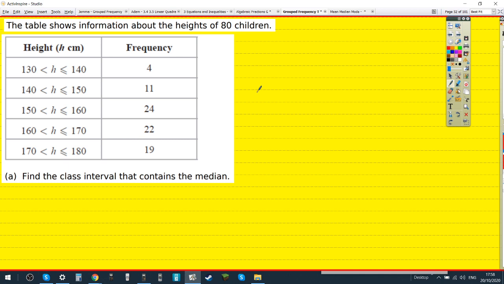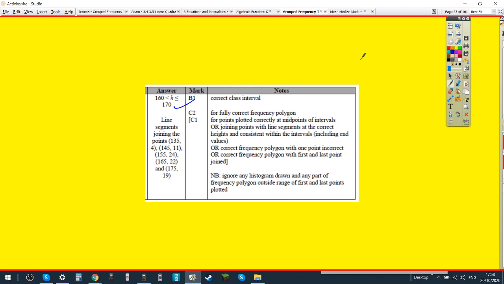So 80 divided by 2 is 40. So the 40th. So that is 15. And then 15 plus 24. So it is in 160 to 170. 160 to 170. Well done.